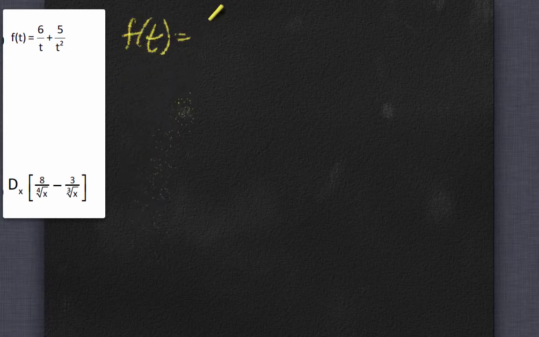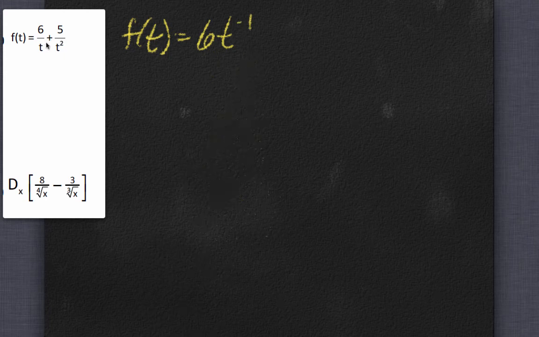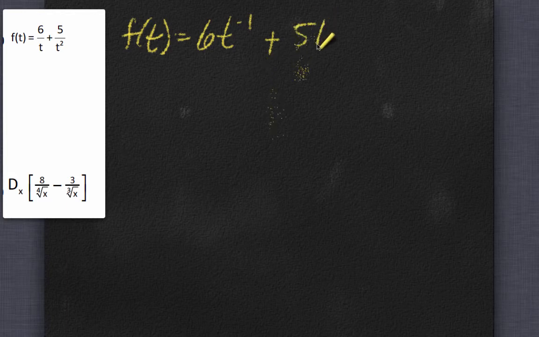Okay, so I'm going to rewrite f of t. I get my computer back situated. I'm now saving periodically, so I don't have to do this over. So f of t equals 6t to the negative 1, because the power's not there, so it's assumed to be 1, but it's in the denominator, so that's negative, plus 5t to the negative 2.